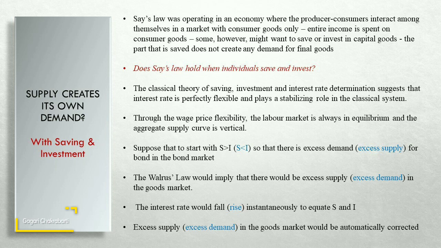The wage price flexibility ensures that the full employment output will always be produced, even if production is organized by firms which are not just single owner firms or family firms. Further, the interest rate flexibility ensures that the full employment level of output will be purchased either as consumer goods or as capital goods.